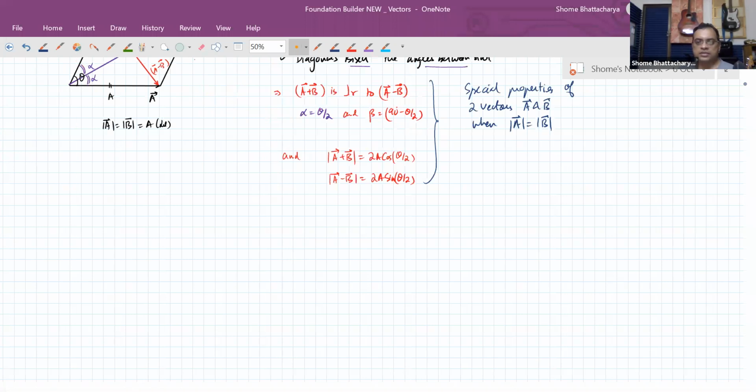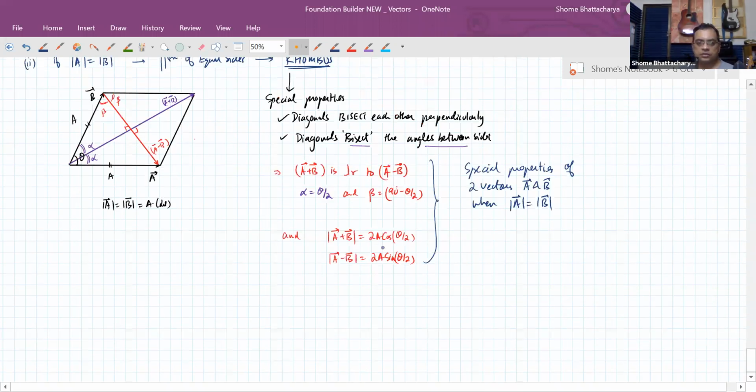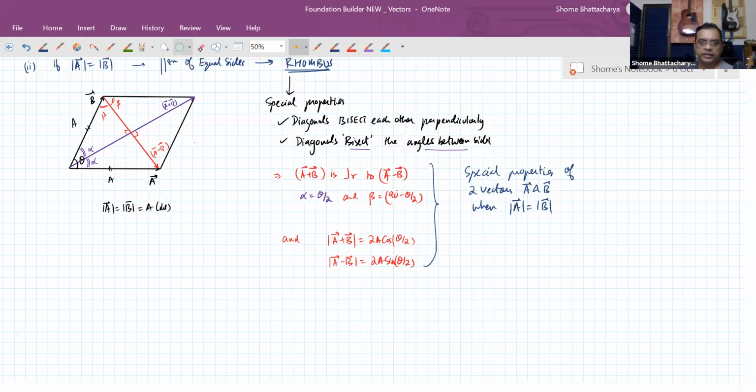Okay, so next up, let's see how this formula actually comes. These two formulae that I've written in the end, you can understand them very easily from a geometrical construction in this diagram.